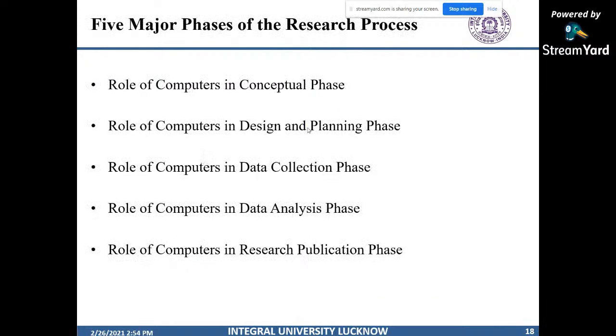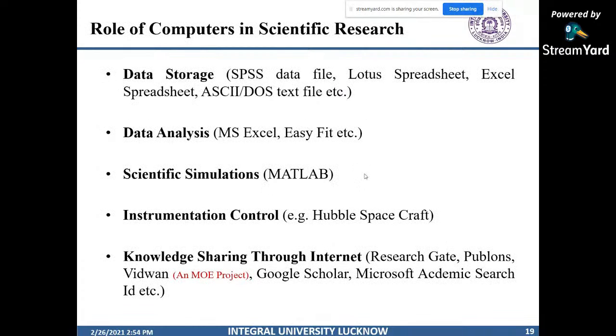Then the next one is the role of computers in scientific research. As we know, there are various computer applications used in scientific research.